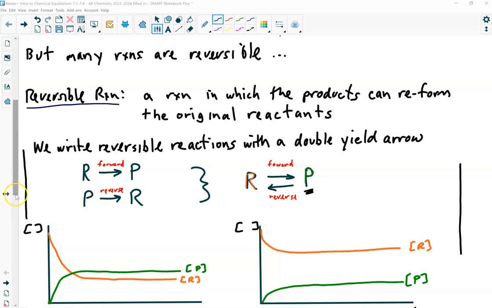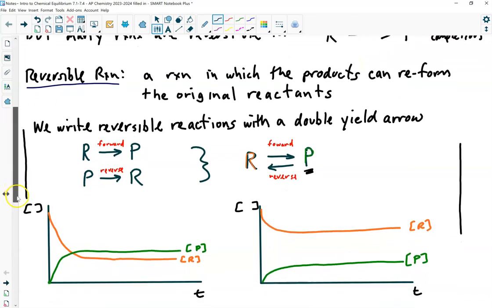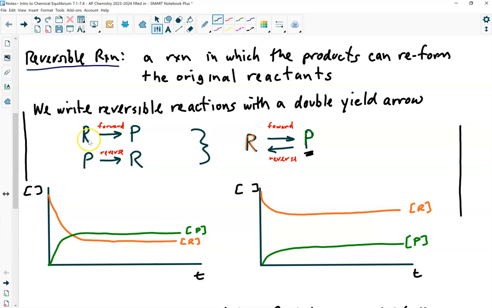So how do we write the reversible reaction? Well, if it's a completion reaction, you would say reactant becomes product, right? Because that's what happens, and it doesn't go backward. However, what about a reversible reaction? Well, the reactant can become product, and we call that the forward direction.